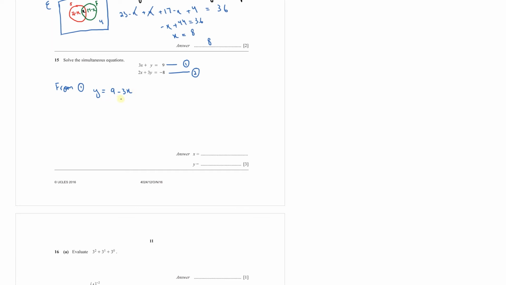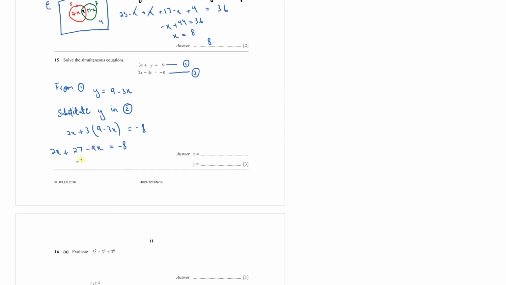So I'll substitute y in 2. So you get 2x plus 3y, where y I know is now 9 minus 3x, equals minus 8. So this becomes 2x plus 9 times 3 is 27 minus 9x equals minus 8.